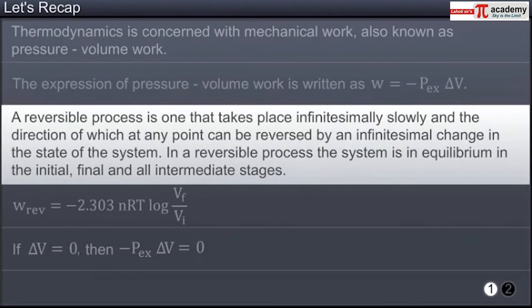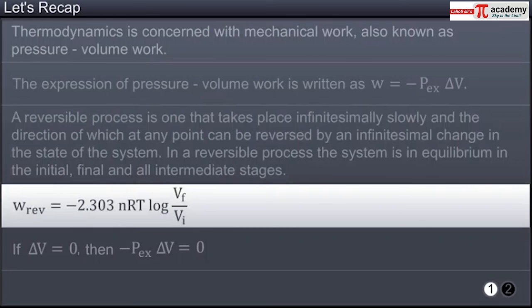A reversible process is one that takes place infinitesimally slowly and the direction of which at any point can be reversed by an infinitesimal change in the state of the system. In a reversible process, the system is in equilibrium in the initial, final, and all intermediate stages.